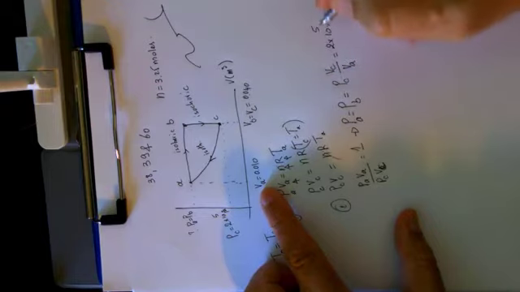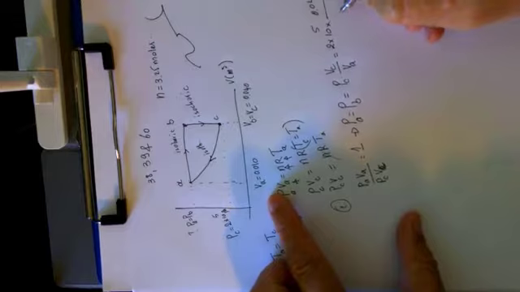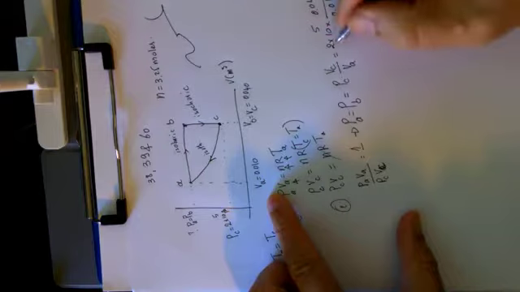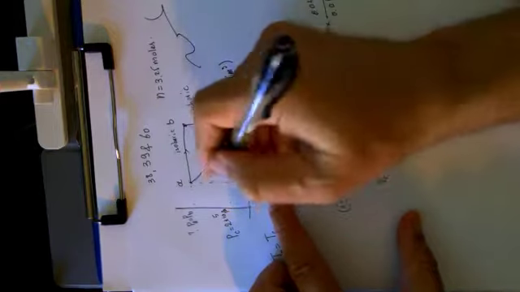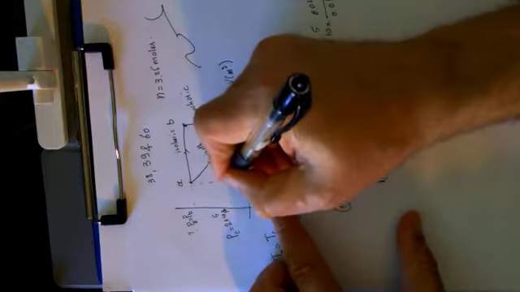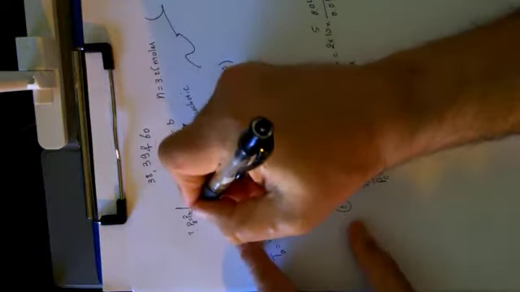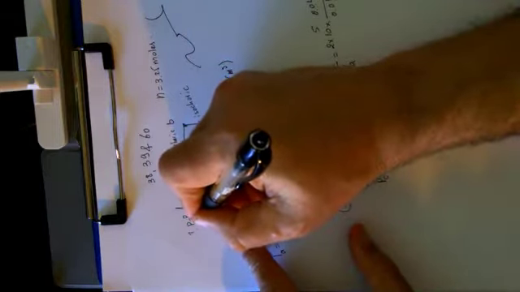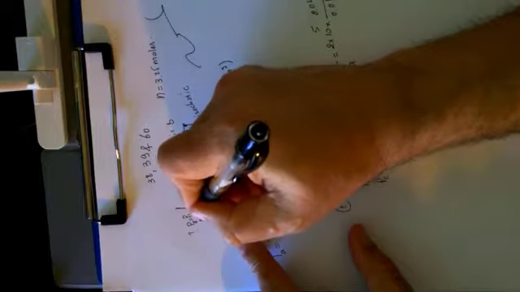So it's VC, which is 0.04, divided by VA, which is 0.01. This should be 4 over 1 times 2, so this is 8 times as much. So this is 8 times 10 to the power 5 Pascal.